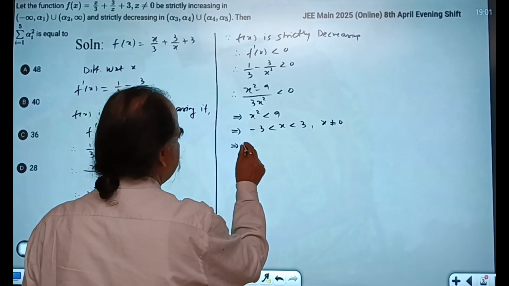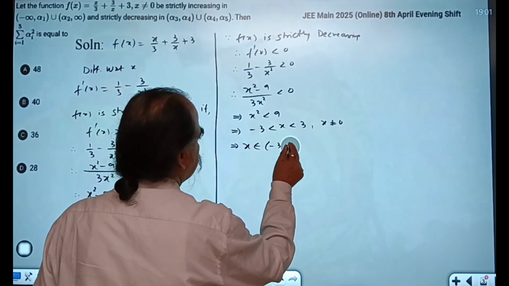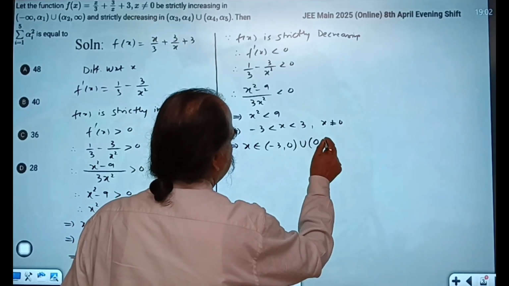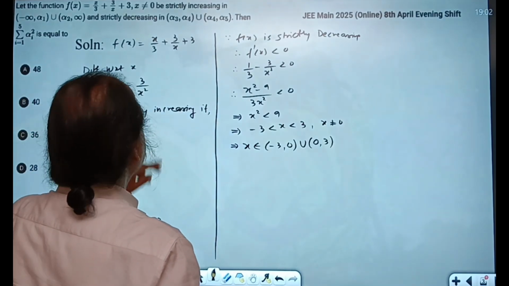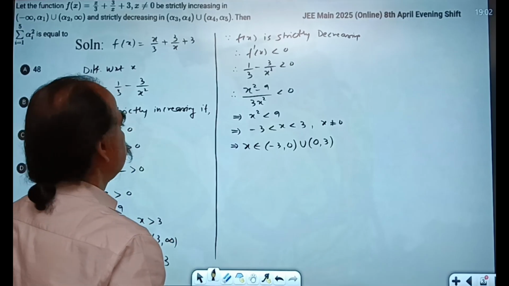So this can be written as x belongs to minus 3 to 0 union 0 to plus 3, and it is given to be alpha 3, alpha 4, alpha 5.